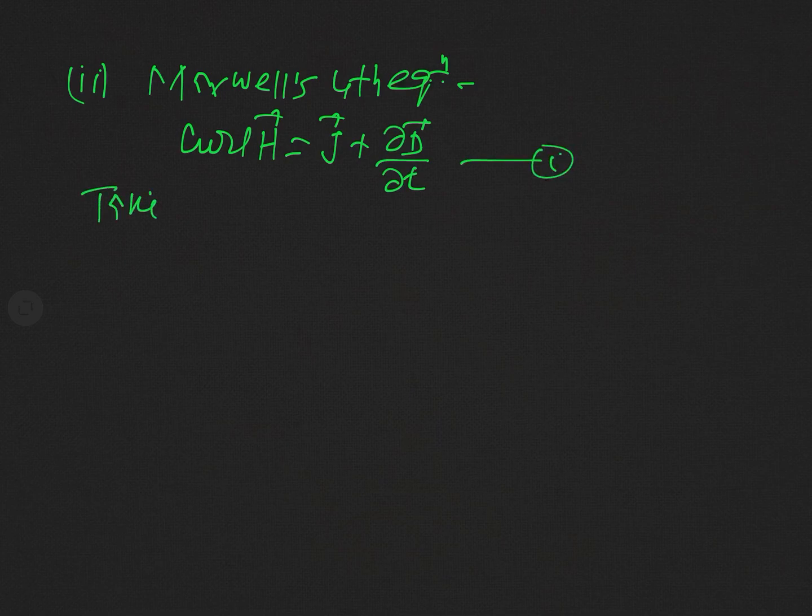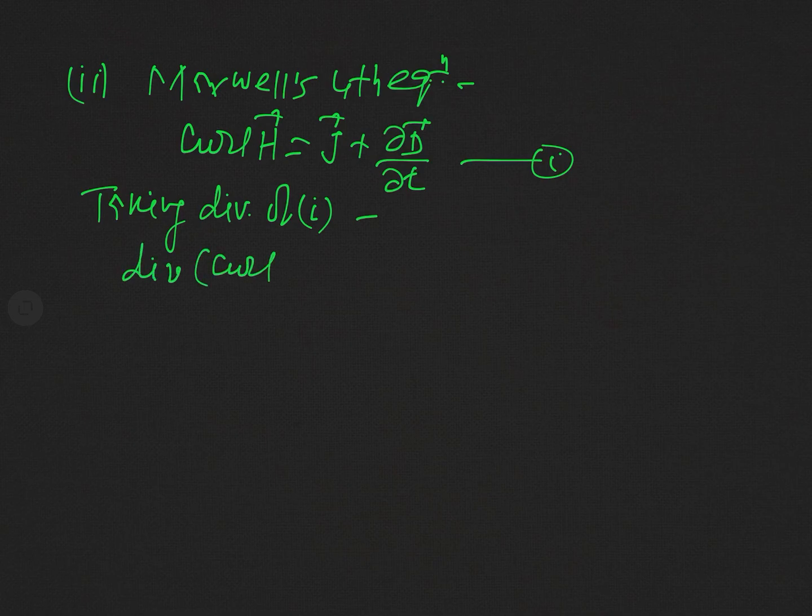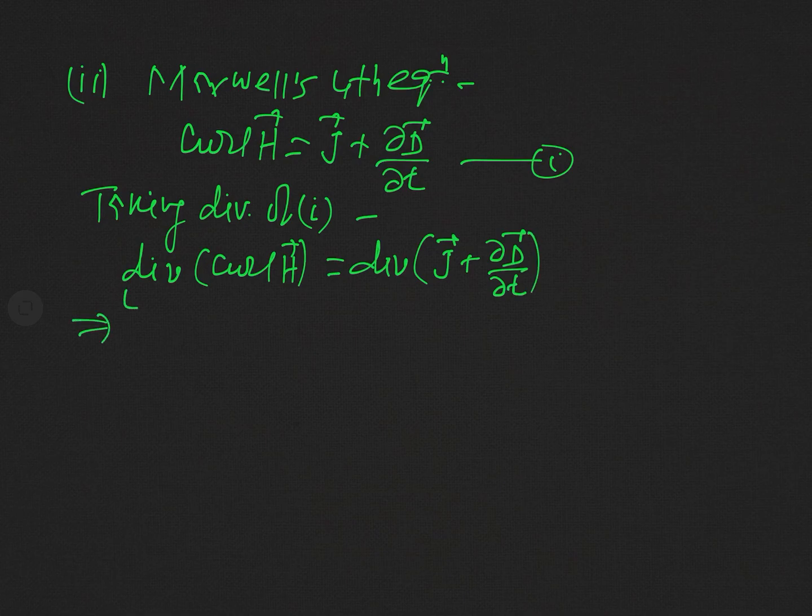So taking divergence of 1, this will be divergence of curl of H, and this is divergence of J plus del D by del T. And as you know, the divergence of curl of any field vector is 0. So LHS will be 0. And what is RHS?